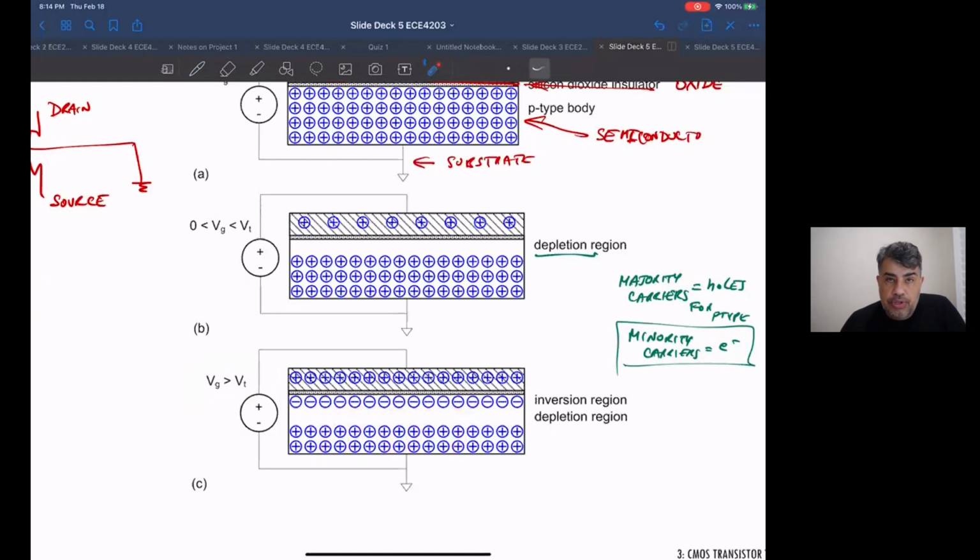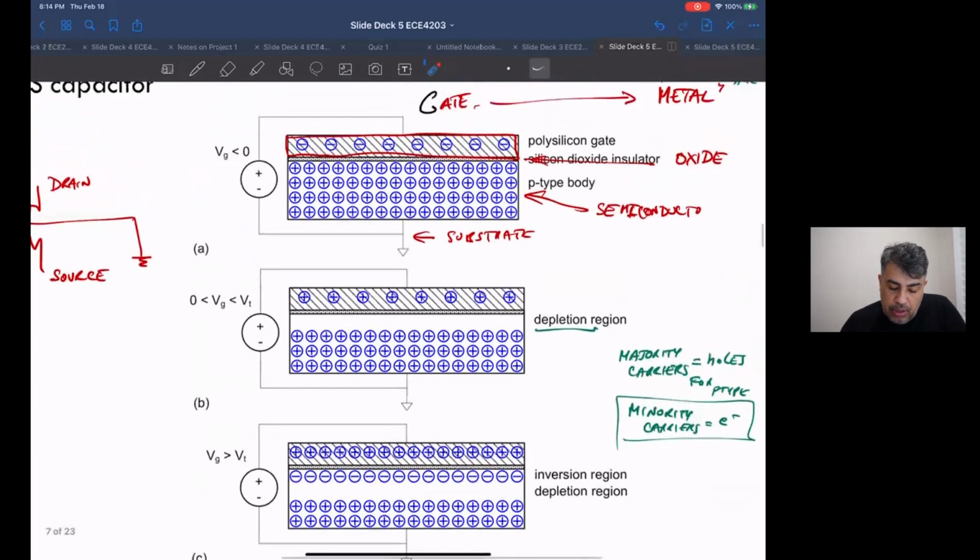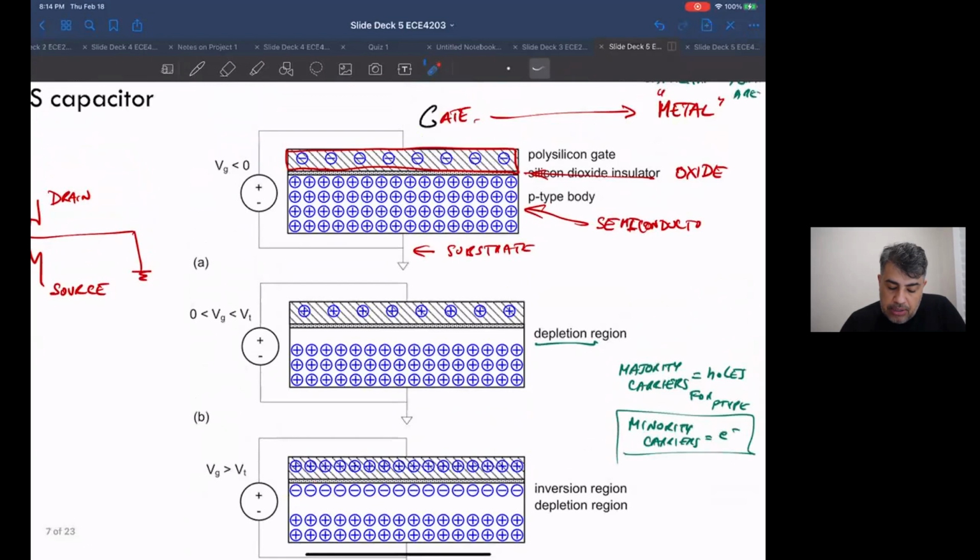to the surface. So you go from a capacitor that was just as thick as the oxide to a capacitor that looks thicker than the oxide.